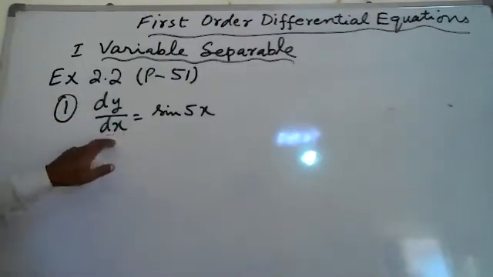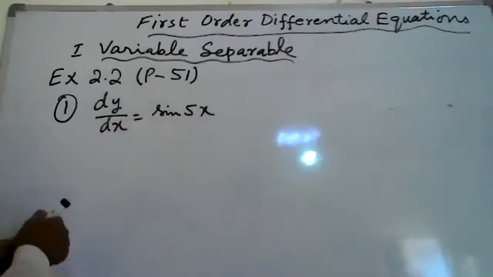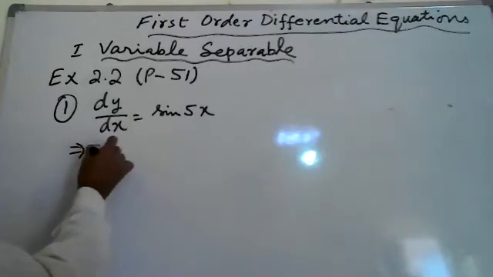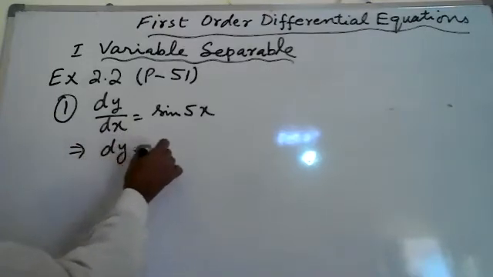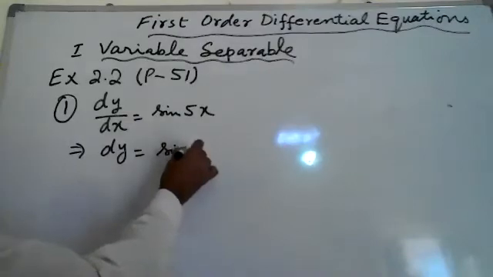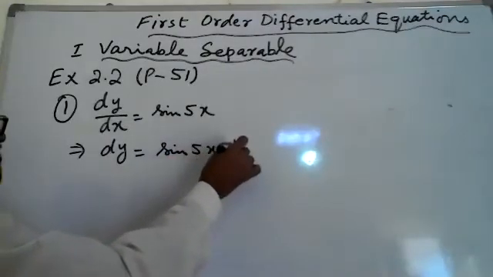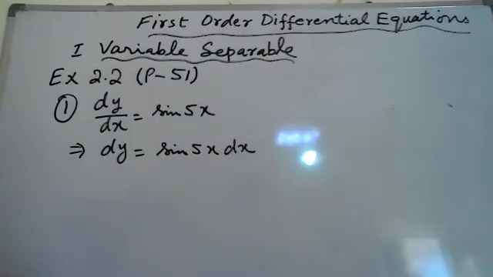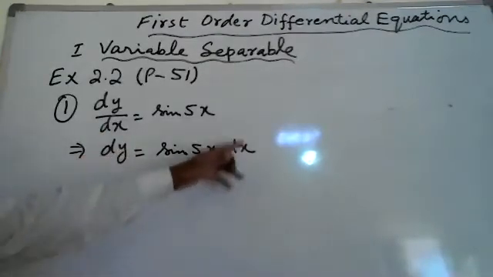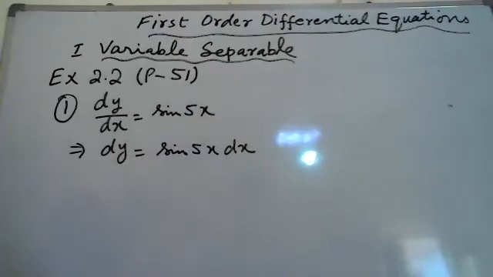So dx will be shifted to the other side with the x side. So we will have dy is equal to sin 5x dx. Now the variables have been separated. One side only y, on the other side only x. So when the variables have been separated, we will integrate them.